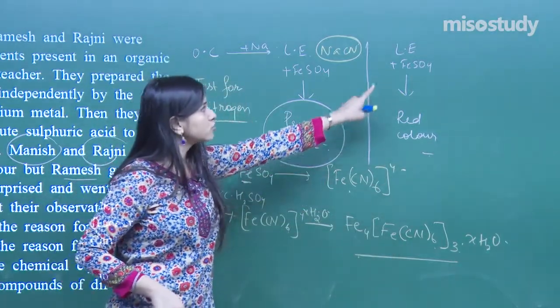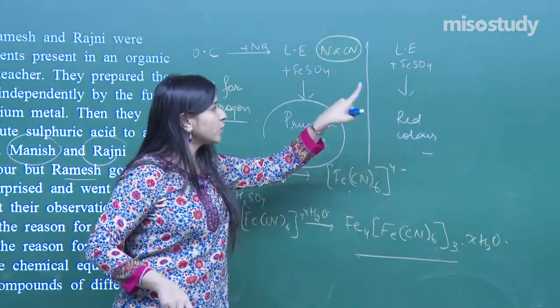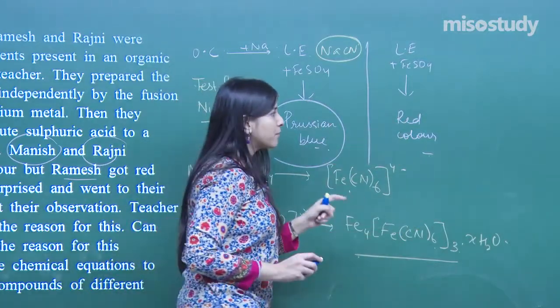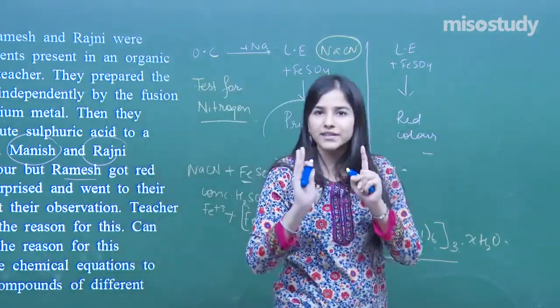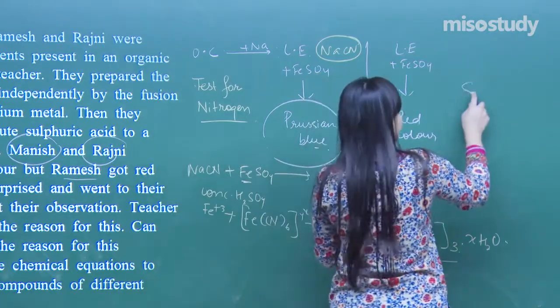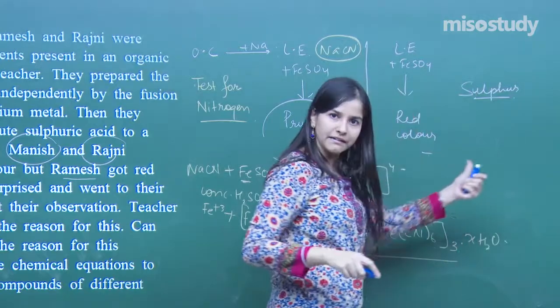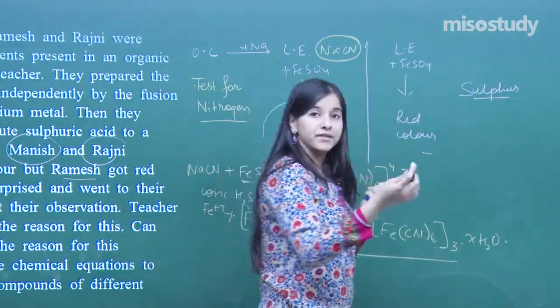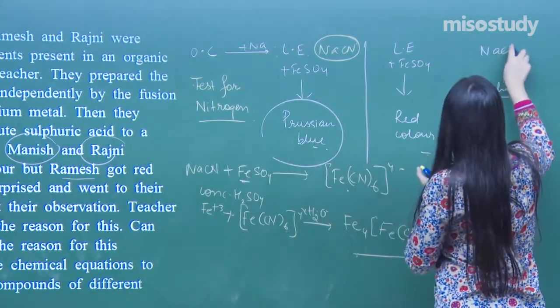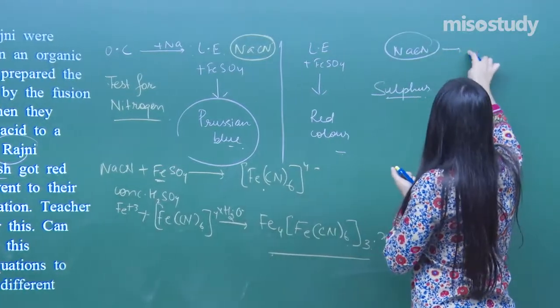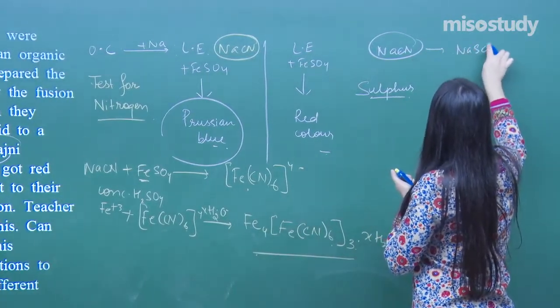Now coming on to why they obtained the red color. If along with nitrogen there is the presence of sulfur, sulfur creates a hindrance in this test. So basically, instead of NaCN getting formed in the extract, what is formed is NaSCN.